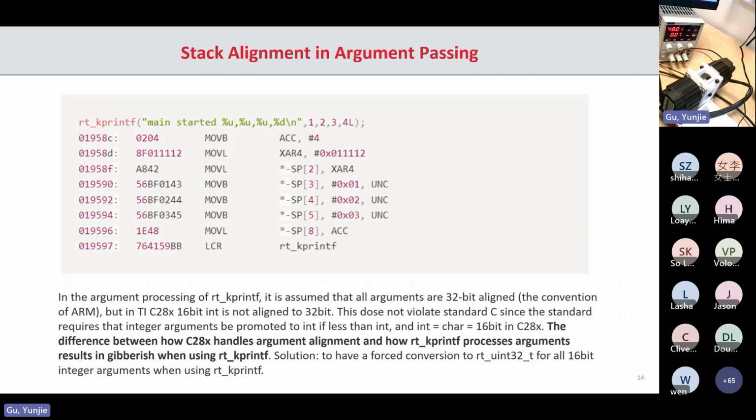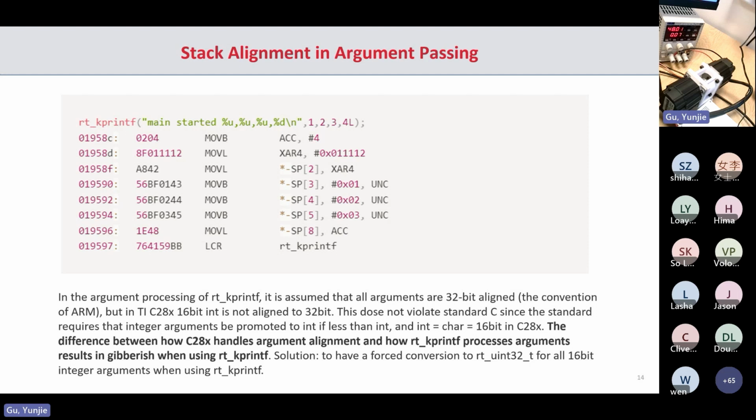But for C28 it is not aligned that way, so the argument handler does not know where to find these arguments accurately. To solve this problem, you can use a forced conversion to 32-bit for all 16-bit integers.